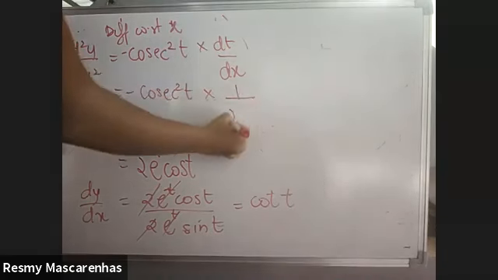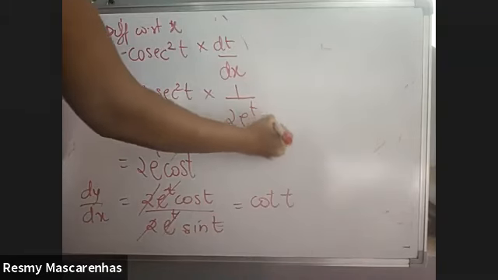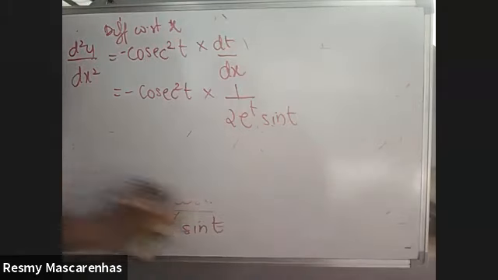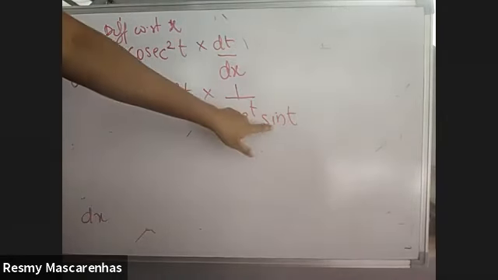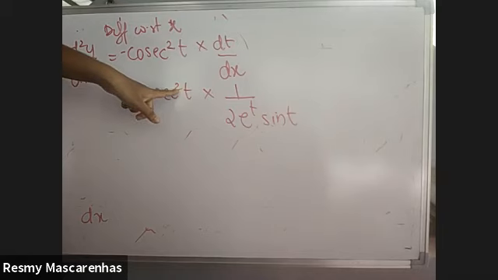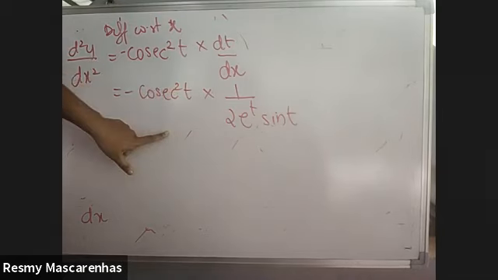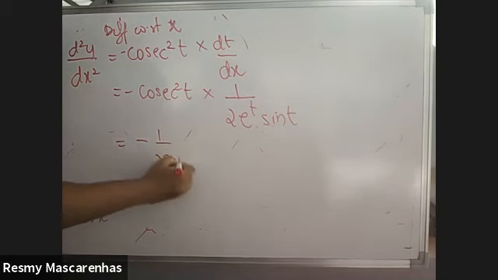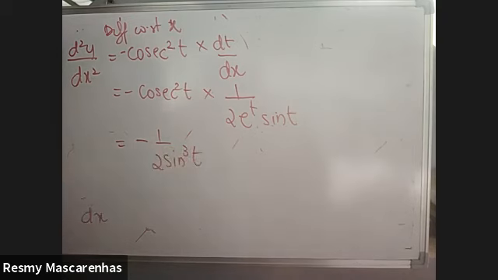So that will be 1 upon... either you can take sine on top and make it cosec cube t, or you can bring cosec square down and make it sine square. So this will be your answer.